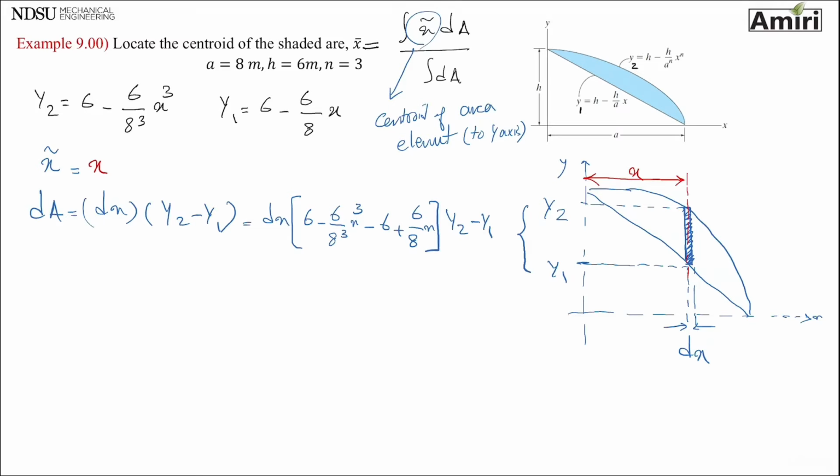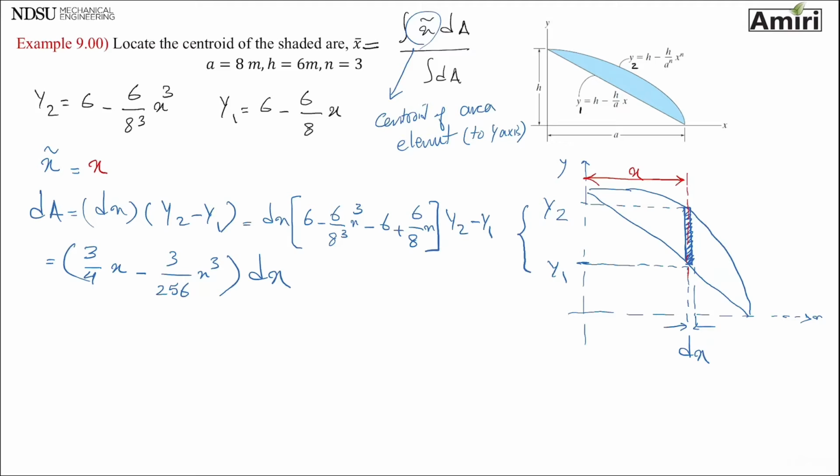And this is my area. So my area is going to be, let me simplify it a little bit, 3 over 4 x minus 3 over 256 x^3 dx.